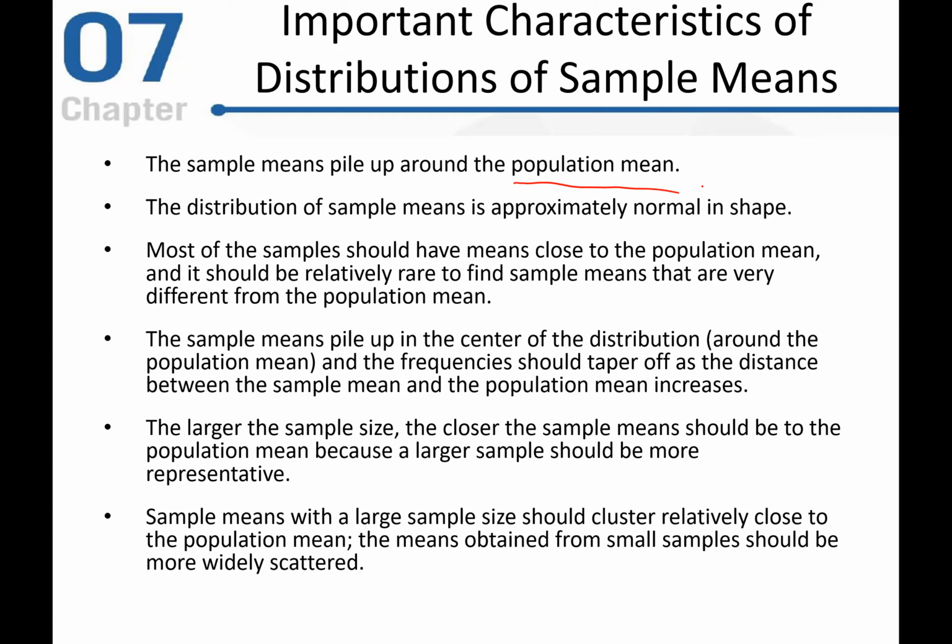Let's say my variable is height, and I found out the height of every person in the entire population of students here at Bethune-Cookman, all 3,000 of y'all. And then I took a sample of 5 students attending Bethune-Cookman University and measured their height.